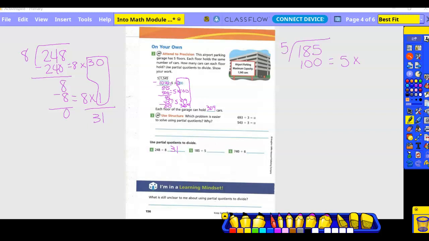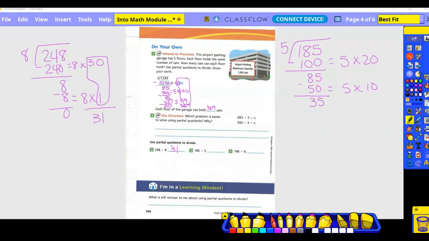Okay, we're going to work one more together, number 5. So we have 185 as our dividend in our house divided by 5. We decided we were going to do 100 first to subtract out. So we would take 5 times 20 to get 100. And then we subtract that out. That's 85. Then, what's another unit of 10 I could use, guys? Not 20, but 10, right? So 5 times 10 gets me 50. Subtract that out.